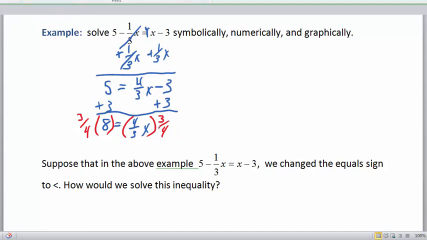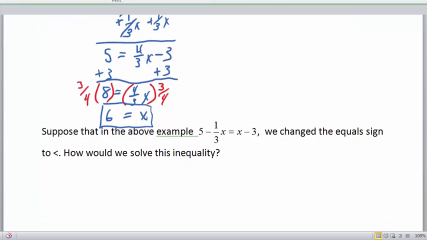So now the 4/3 and the 3/4 on the right cancel, and I just have x. And I would have 3/4 times 8, which is going to be 6. Right? So my solution would be x equals 6. And of course I could check that in the original equation and make sure that it would work. And then I would end up with 3 equals 3 on both sides if I did a check.